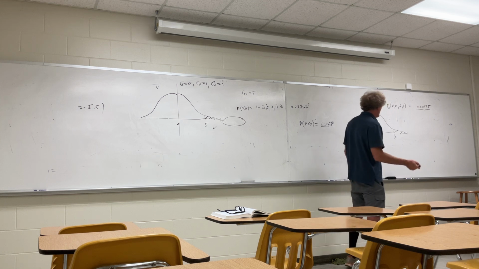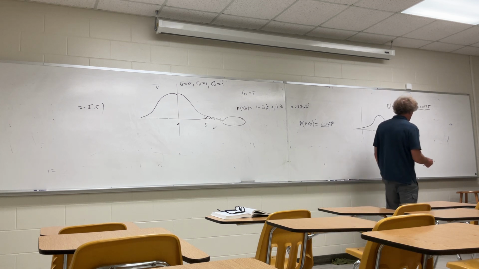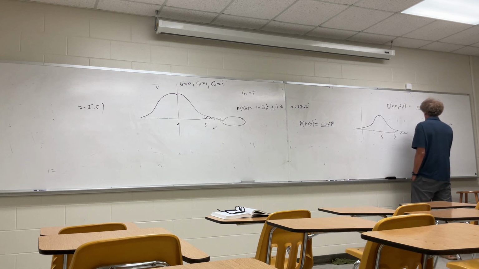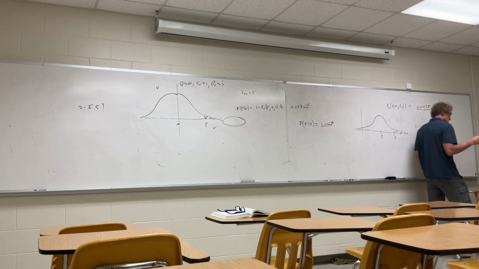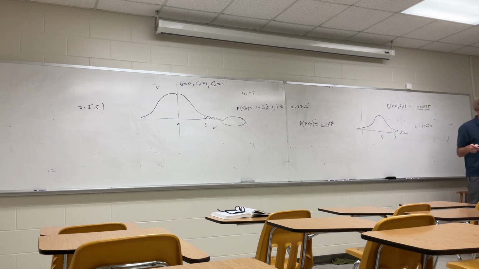So 1 minus that is what? 1 minus 1.35 times 10 to the minus third. This is very, very close to 1, but it's not 10 to the minus 16. What do you get? It's 0.99865. Is that what he has? Yeah. All right, that's the way he's doing it.